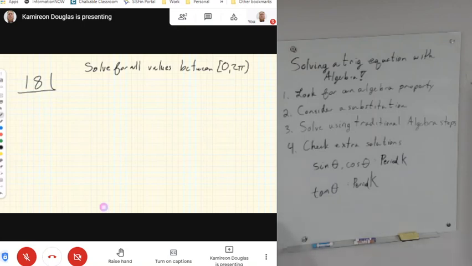The equation number 18 will look a little bit different, and this is a red flag that you need to be considering this alternative form. Because the equation looks like this: 2 sine 2 theta equals 1.